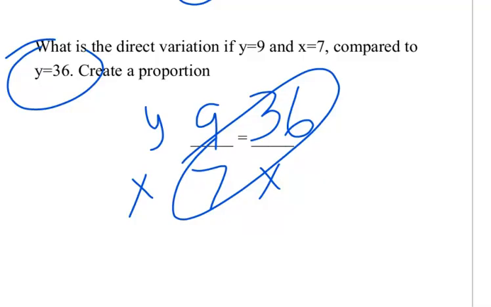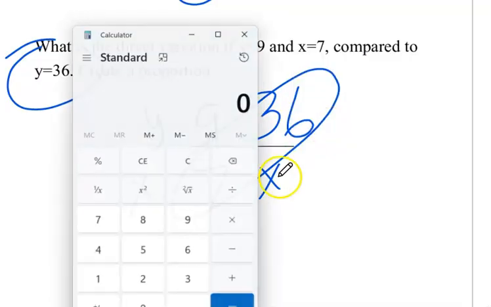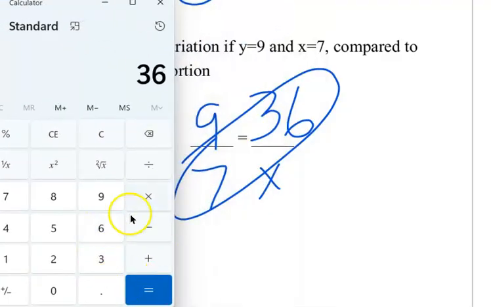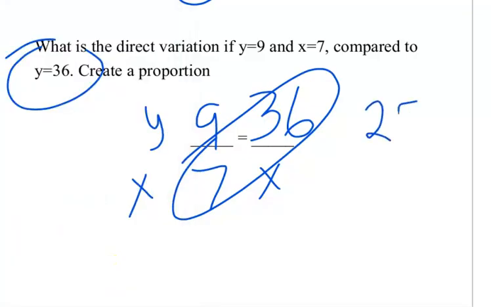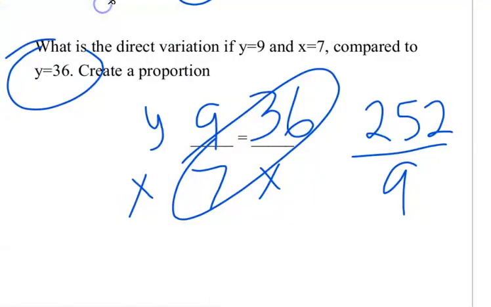What you're going to do is with your calculator, do 36 times 7. 36 times 7 is 252. You're going to divide that by 9. Divide by 9, and the answer is 28. Okay, so write 28 right there, right where that x is.